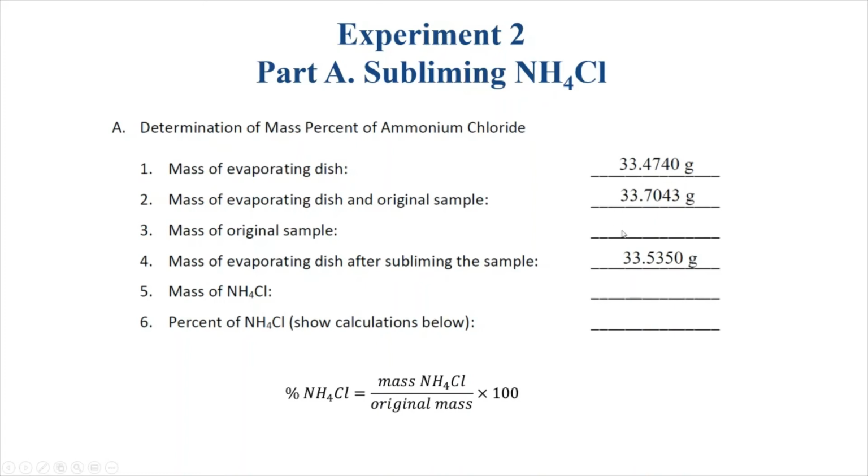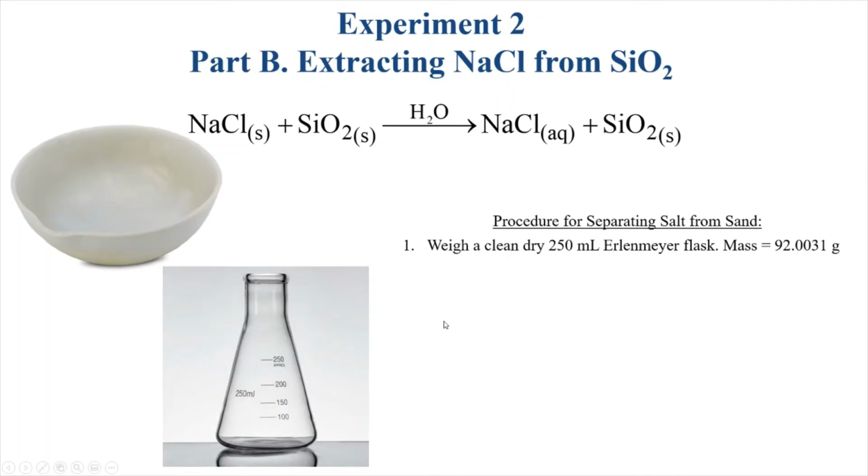The difference between these two weights is what was lost, and therefore is the mass of the ammonium chloride. And then you can calculate the percent of the ammonium chloride by taking the mass of the ammonium chloride divided by the original mass times 100.